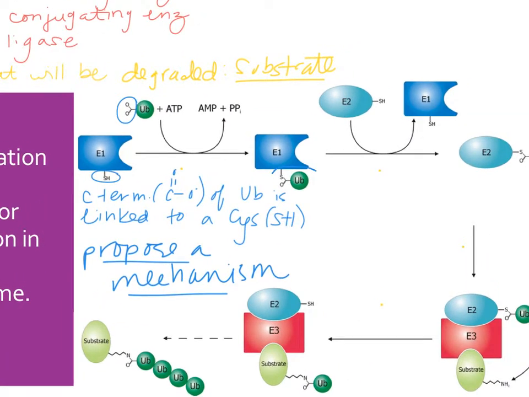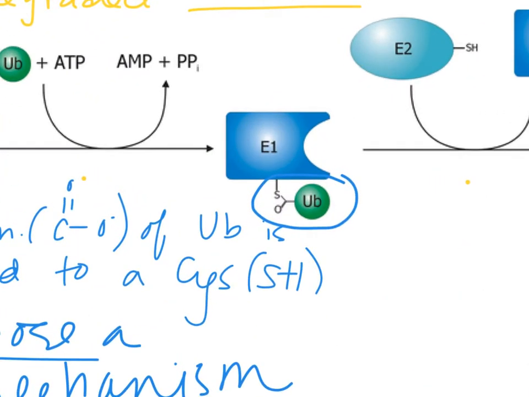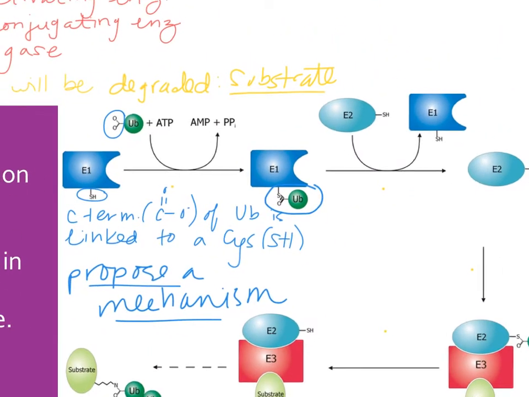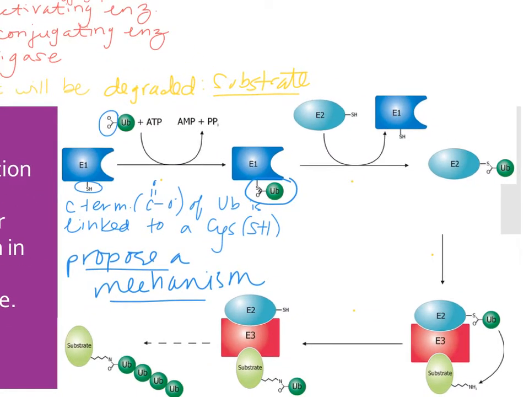So now we have what looks kind of like an amide functional group, but that should be a double bond. That's a carbonyl carbon to an S. So it looks kind of like an amide, and instead of a nitrogen, you have a sulfur there. Okay. So again, E1 is the activating enzyme, so it's just going to link the ubiquitin to E1 covalently.